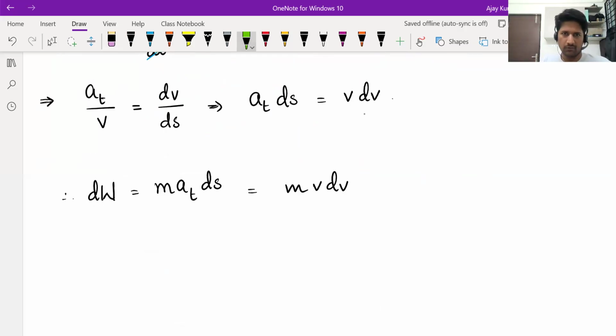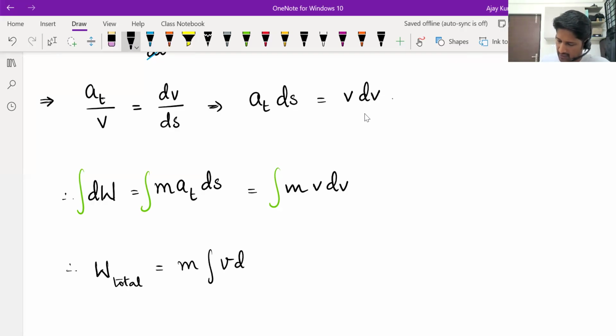dW is a small amount of work done. Integrate that, you will get the total work done. Integral dW simply becomes total work done W. You can write delta W also, nothing wrong in that. But total work done becomes equal to m. The mass of a single particle is constant, we'll put it outside. Integral v dv, this is its speed.